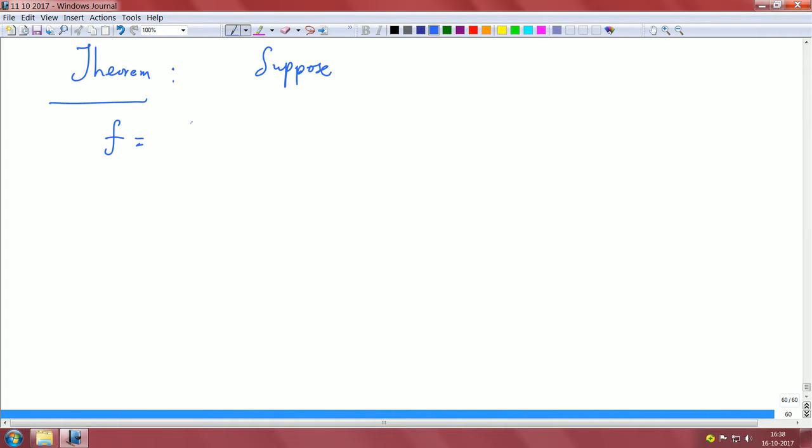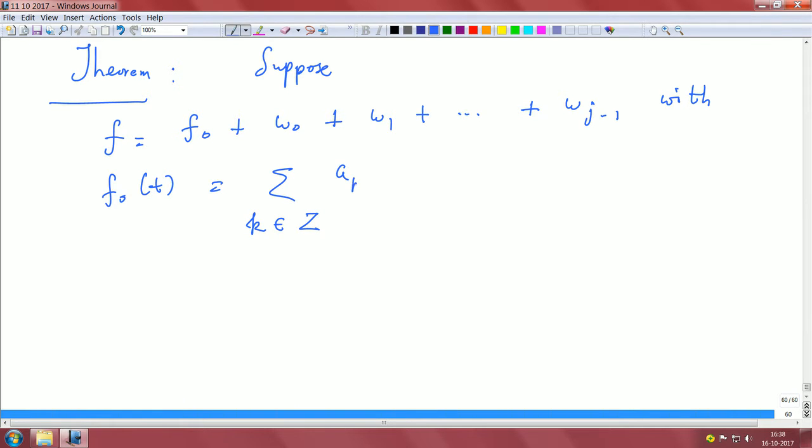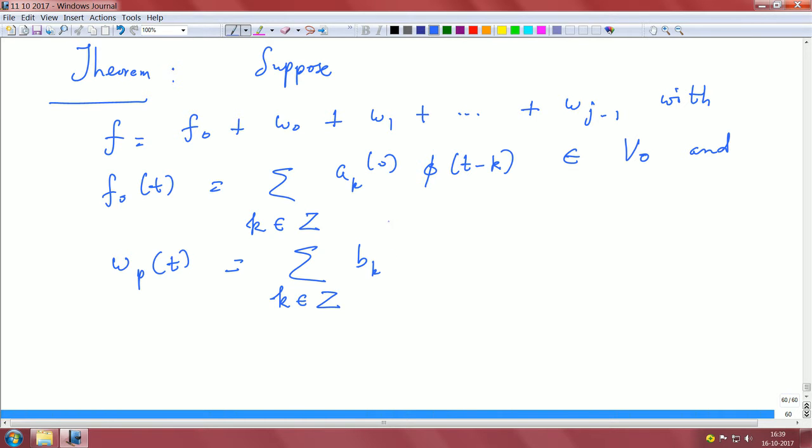Suppose f equals f naught plus w naught plus w1 dot dot dot till wj minus 1 with f naught of t equals summa k belonging to set of integers ak0 phi of t minus k belonging to v0 and wp of t, which is summa k belonging to the set of integers bk of p psi 2 power p t minus k belonging to the space wp for 0 less than or equal to p less than j.